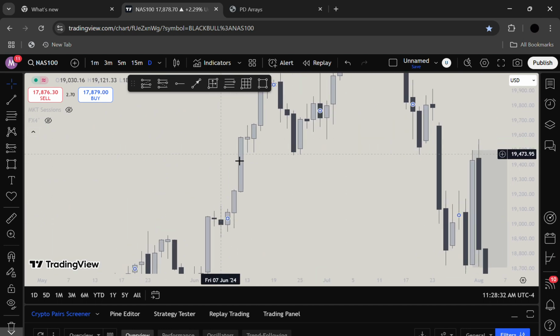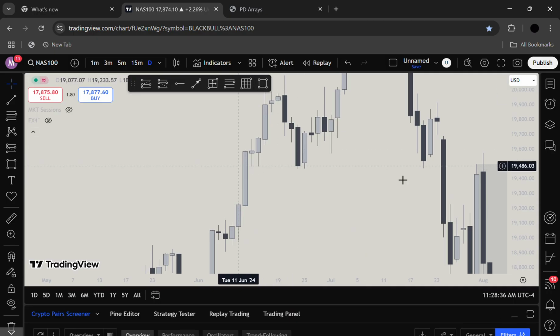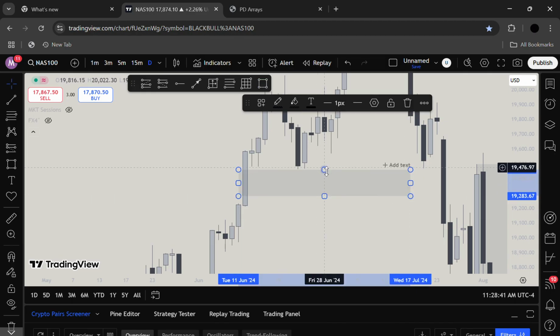Look, a fair value gap right here. What does price do? Taps into it and then moves higher.